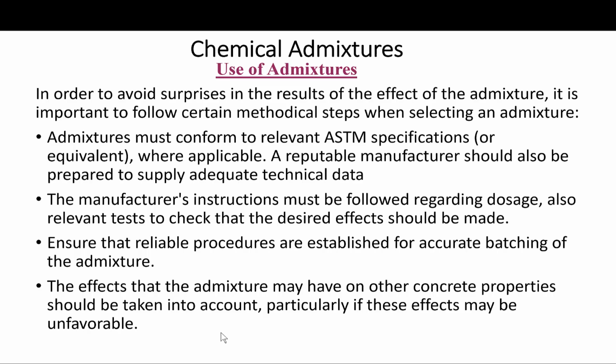Number 6, the pH of that admixture should be listed, because we know the pH of the mix, the pH of the placed concrete, has significant impact on other durability issues, as we will see later. Number 7, the potential occupational hazards for users.